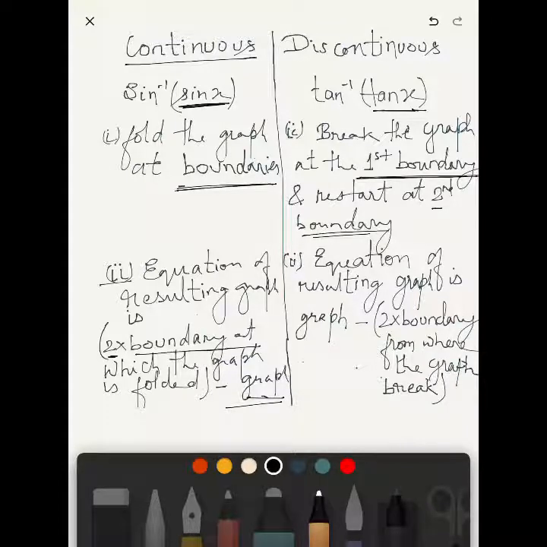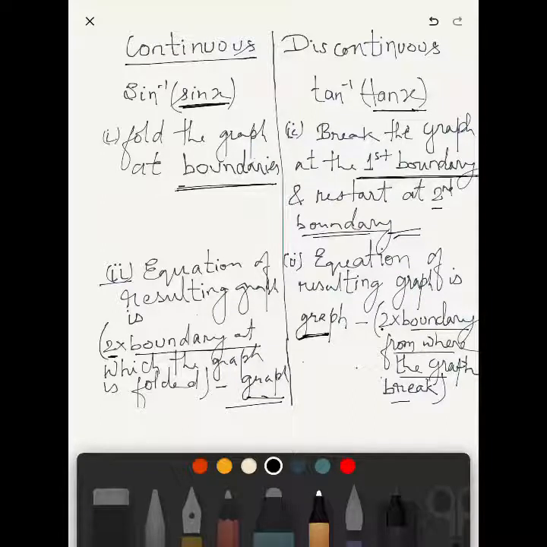And in case the inner function is discontinuous, the equation of the new graph when you start drawing from the second boundary will be the graph minus 2 into the boundary from where the graph breaks.